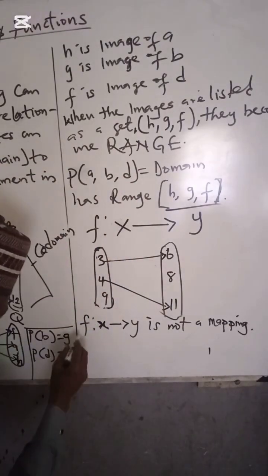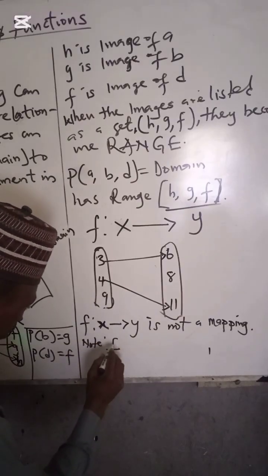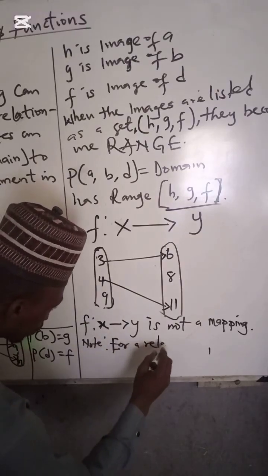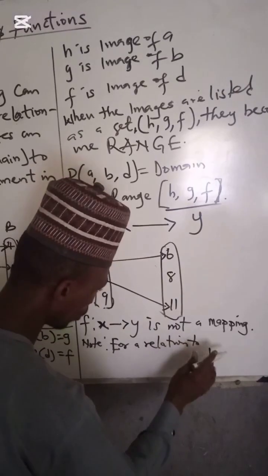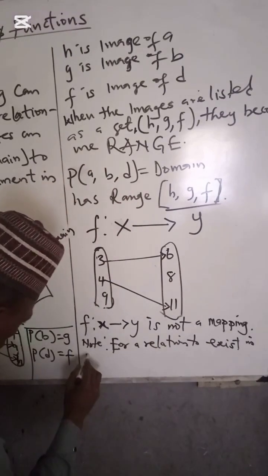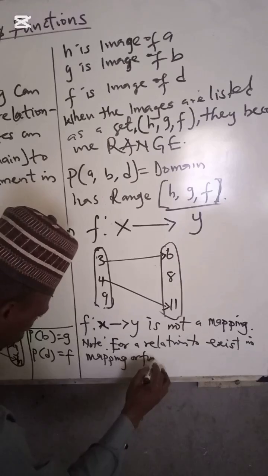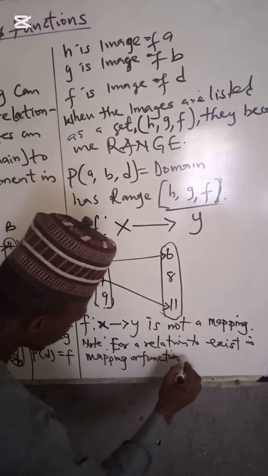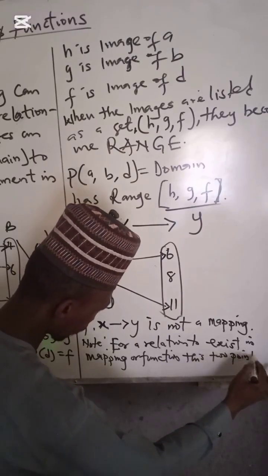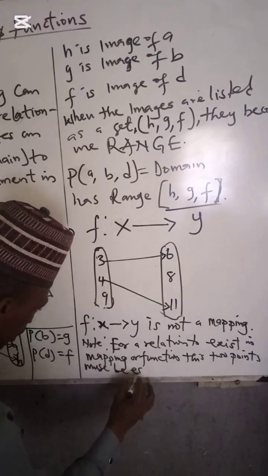Why? Let's put down the reasons. For a relation to hold, for a relation to exist in mapping or function, these two points must be established.